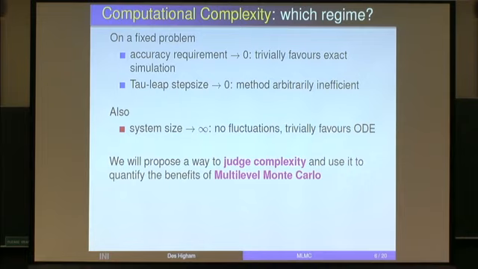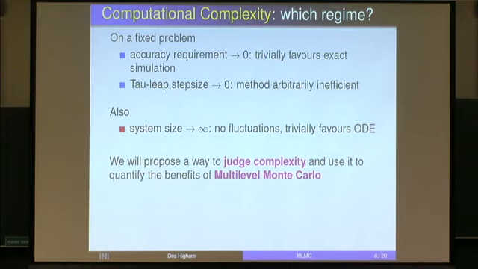Here's an issue which I think needs to be addressed. If you take a fixed problem, a fixed chemical reaction system, and just ask for more and more accuracy, so what's the cost of achieving higher and higher accuracy when we simulate a fixed system, then trivially those approximation methods will start to look bad, because the exact simulation process will eventually be the cheapest way to do it.